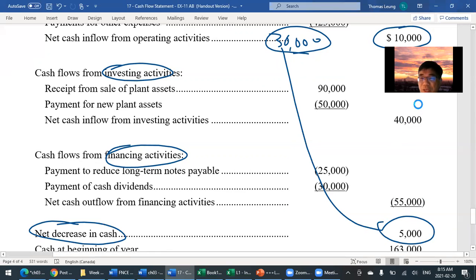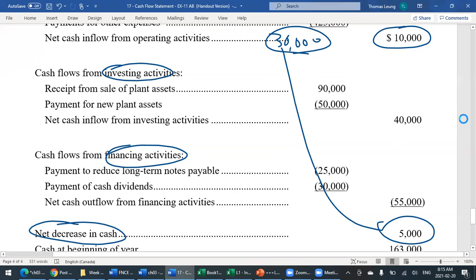Now, let me change the story a little bit so it could be more convincing, I think. You think it's not convincing enough. Now, let me make up numbers.